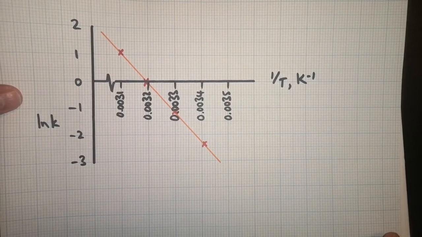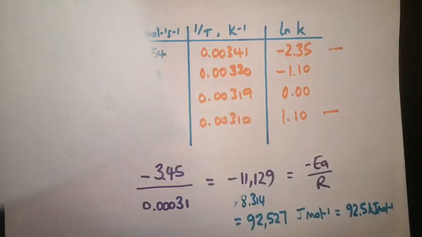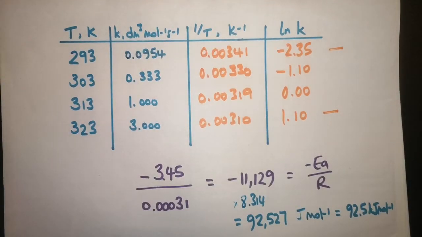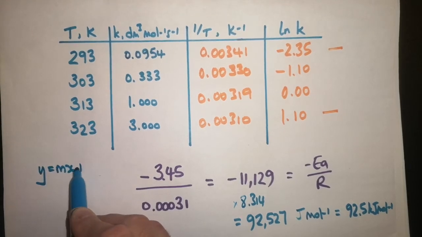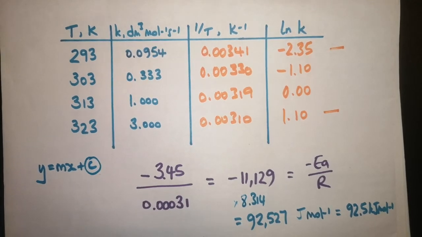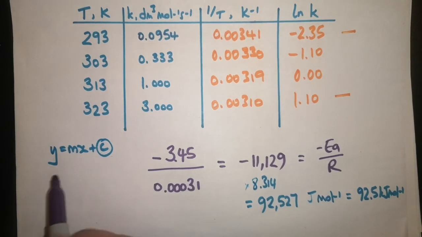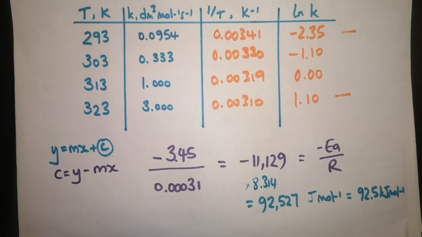So let's think about how we'll do that. Go back to our numbers here. We can see that the gradient here is minus 11,129. Well, remember, the equation for a straight line graph is y equals mx plus c. I want to find c. So if we rearrange for c, c equals y minus mx.